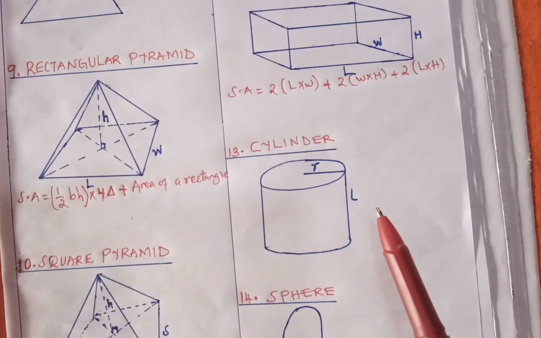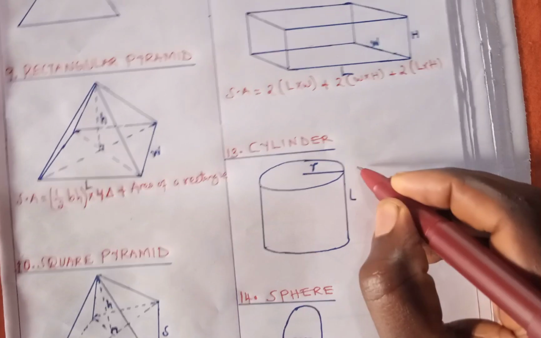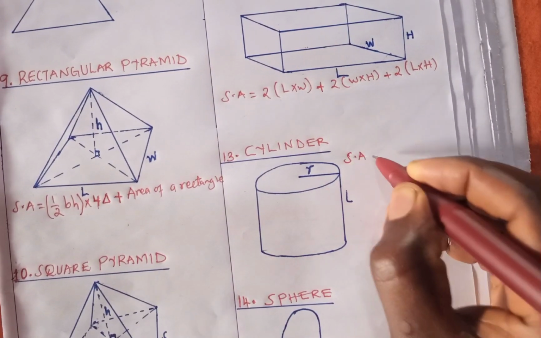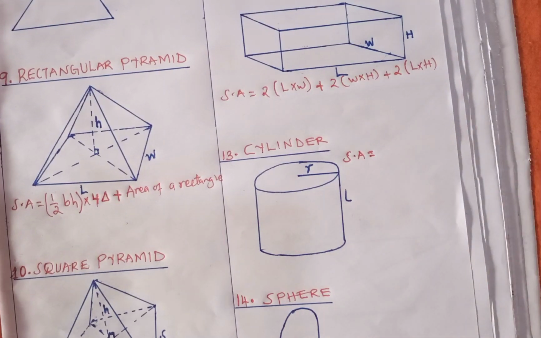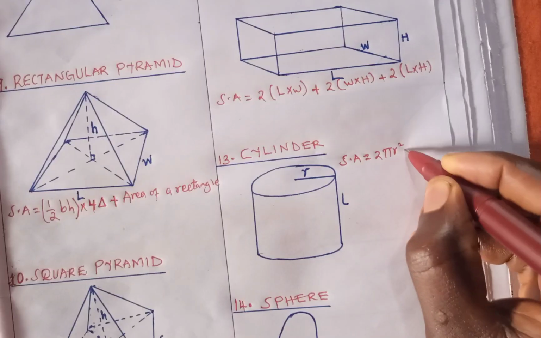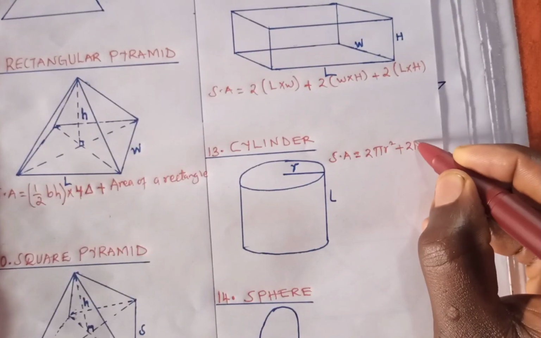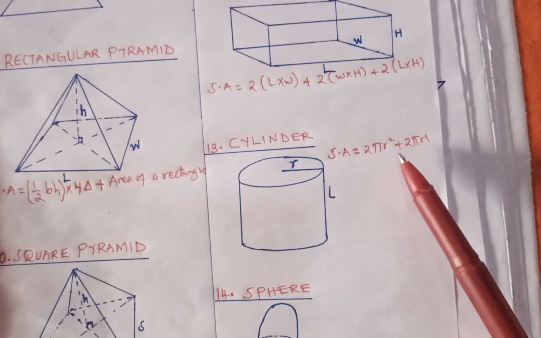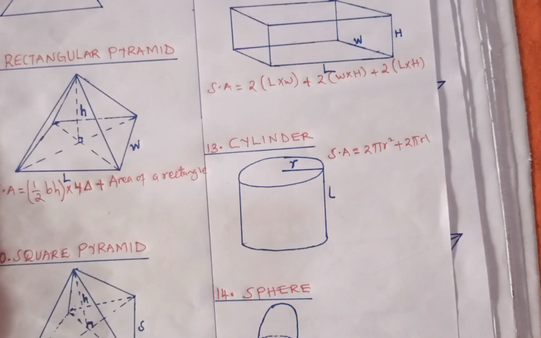So for us to be able to work out the surface area of this cylinder, and we want to assume that it is a closed cylinder, we are going to say it is going to be 2 pi r squared plus 2 pi rl. 2 pi r squared is the area of two circular bases, plus 2 pi rl, the curved surface area.